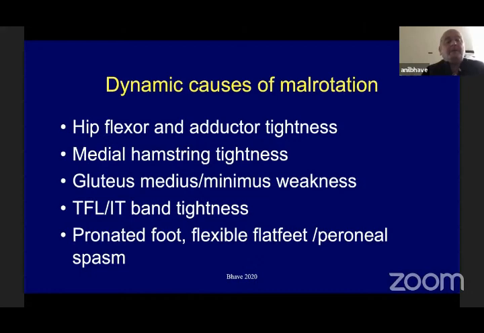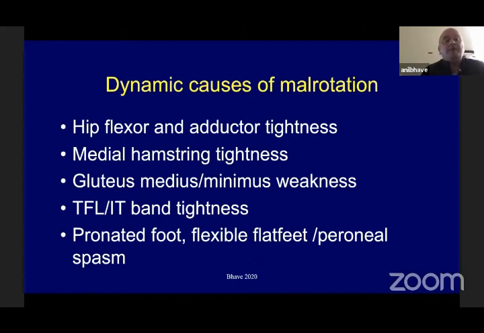This is the best evidence right now: in gluteus medius and minimus weakness, collegiate athletes have had patellofemoral pain resolved with proper training of the gluteus medius and minimus, correcting the movement strategy as well as strengthening the muscle. The TFL is an internal rotator, so that can cause problems. And then the pronated foot, a flexible flat foot, or a peroneal spasm has been shown to alter the way the tibia functions in walking.